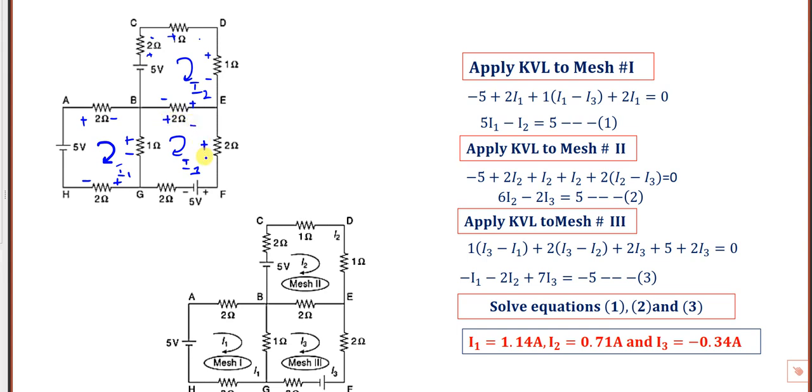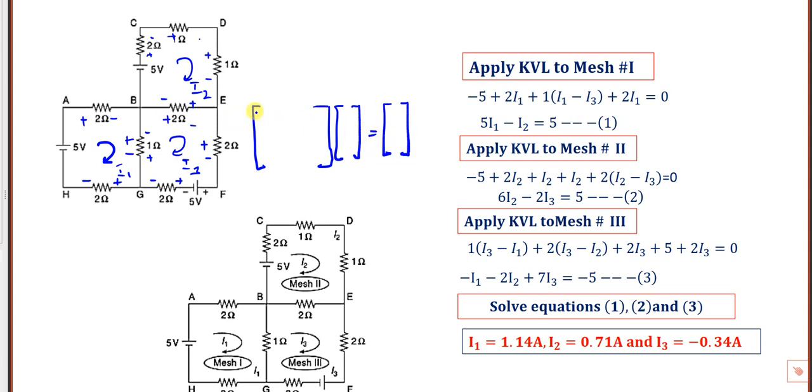Since the circuit contains only resistances, instead of writing KVL and all, I'll use the inspection method only.